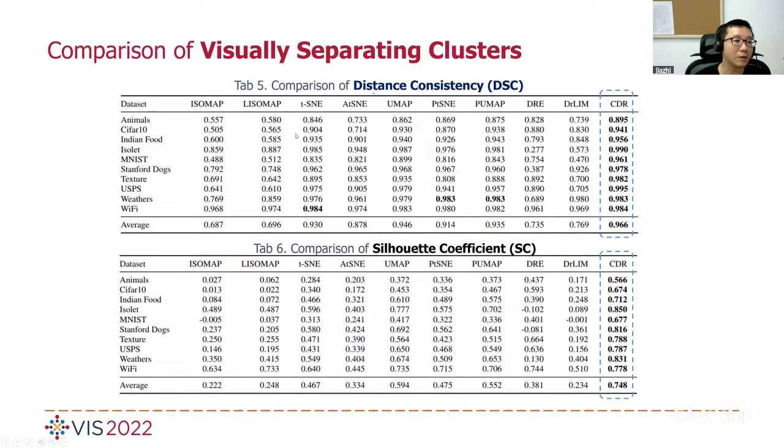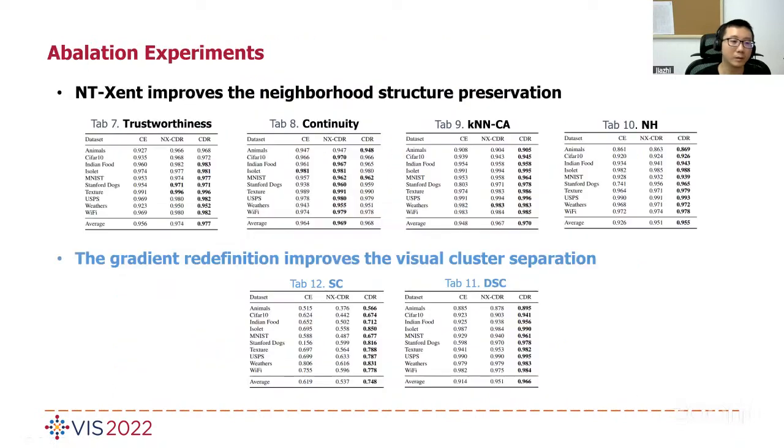In terms of visual cluster separation, the results show that our approach outperforms all other techniques. The ablation experiments also verify the effectiveness of the anti-aliasing loss and the gradient rate definition technique.